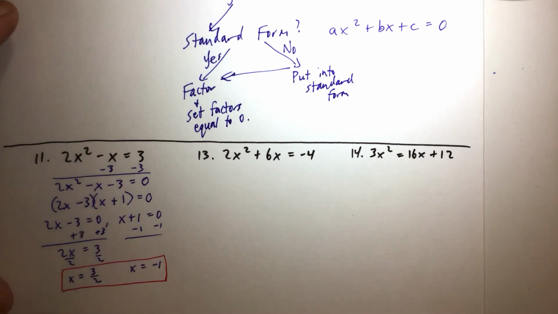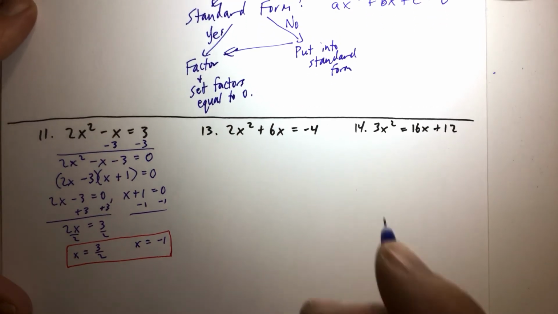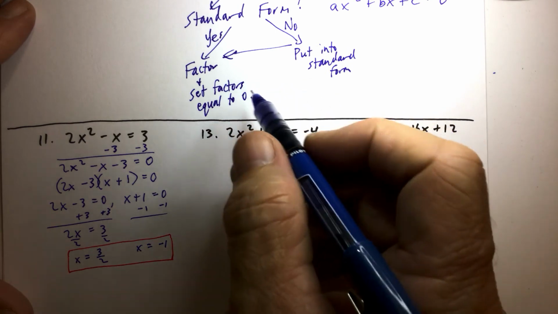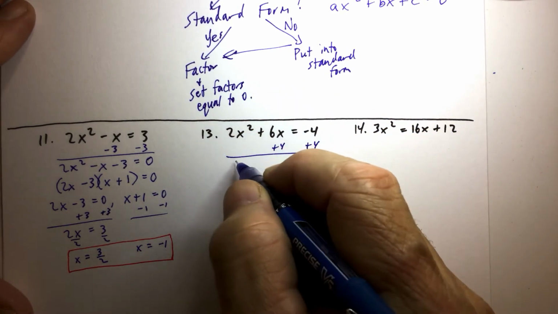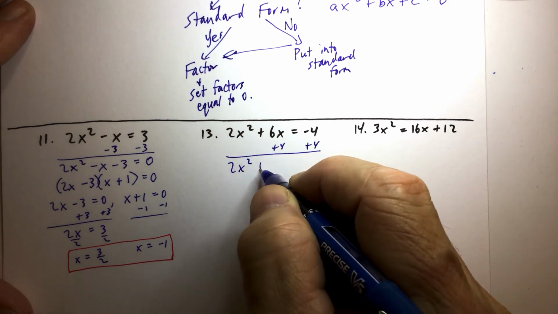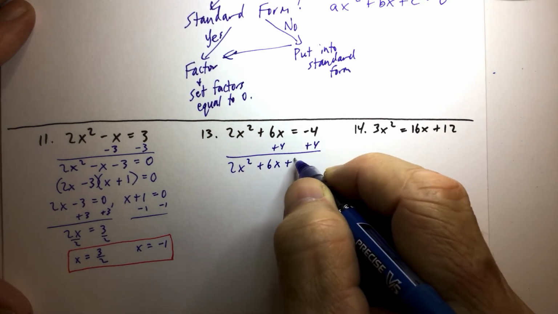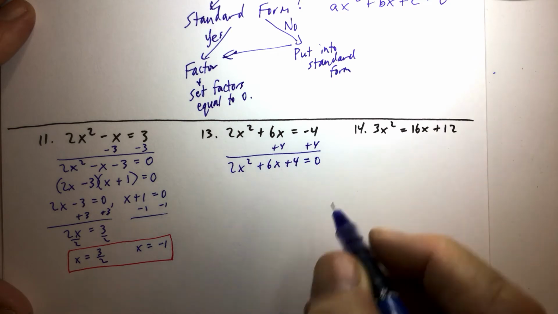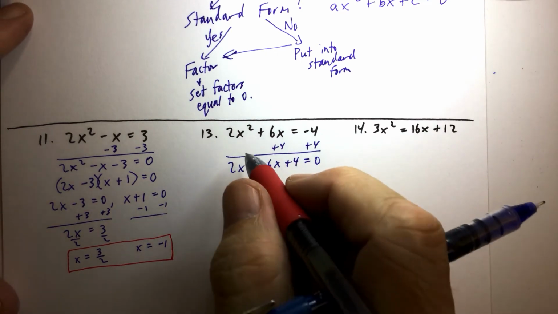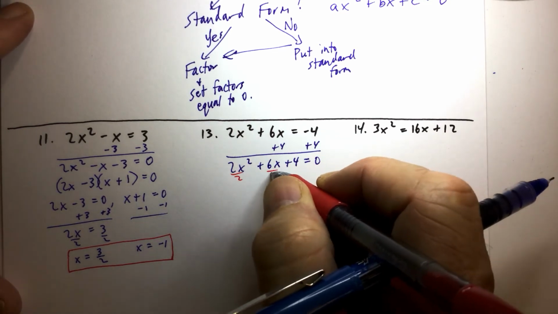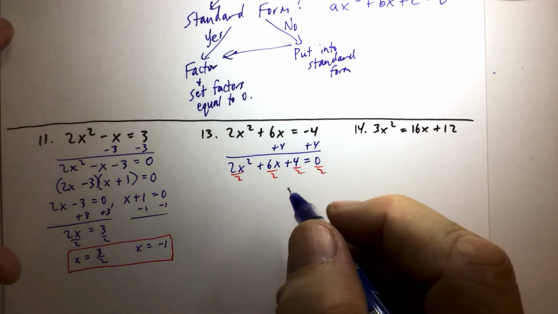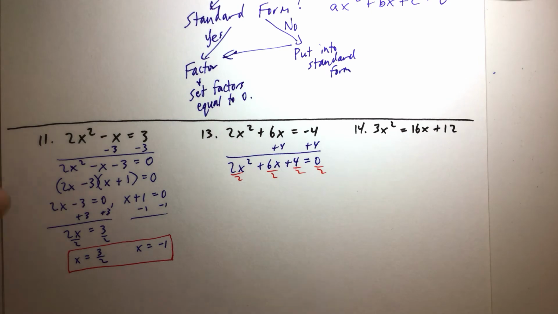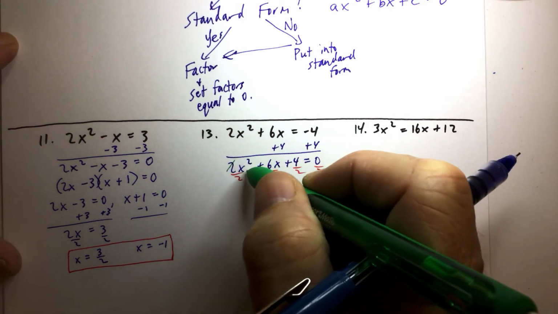For problem 13, is the equation in standard form? No, so we're going to add 4 to both sides. Now, with this particular equation, you can simplify your life a little bit. Let's first get it in standard form. Simplifying would be using the property where you can divide every real number in an equation by the same real number, and you're not changing the solutions, you're just changing the look.